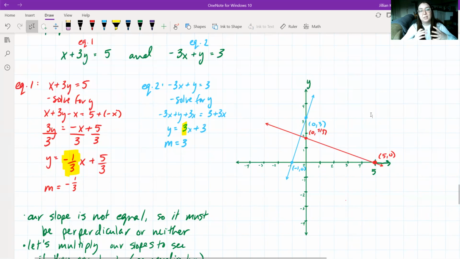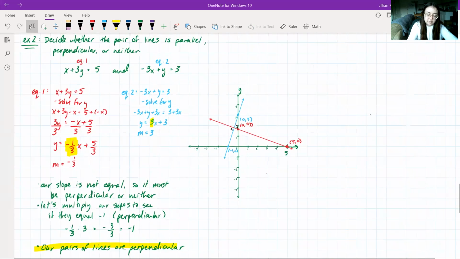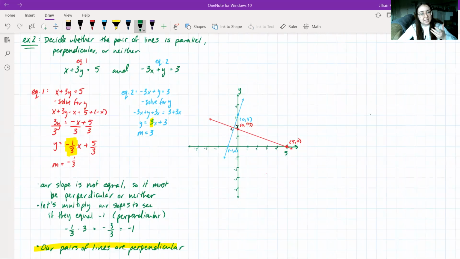And so we see here that we do have intersecting lines, but the key factor is that it does appear that we can draw 90-degree angles. So we do have perpendicular lines. And the main telling point that we have perpendicular lines is that when we multiply our slopes together, we do end up with -1.